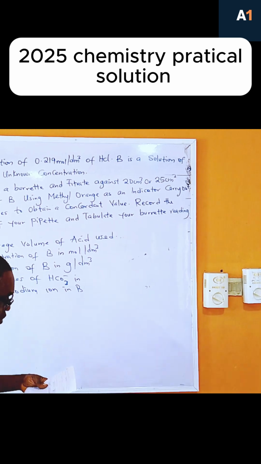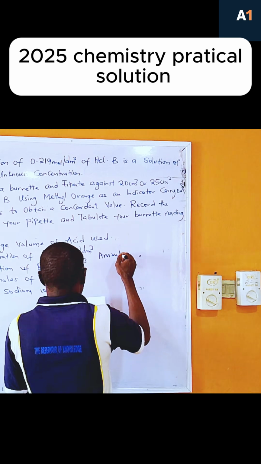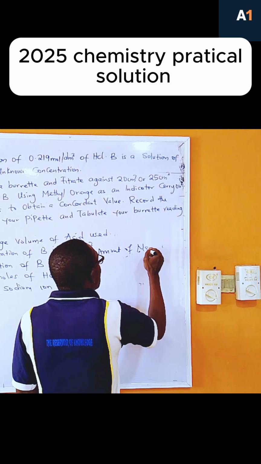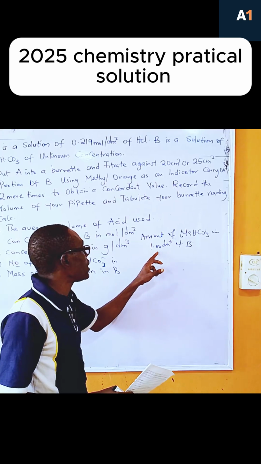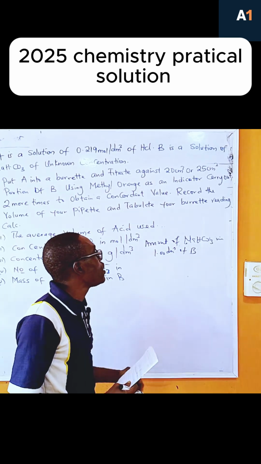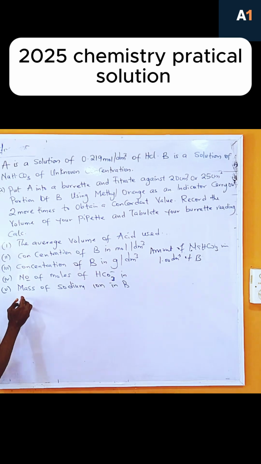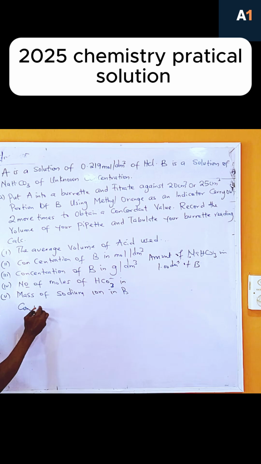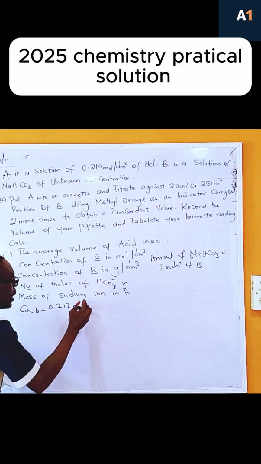Let's assume they ask you the amount of NaHCO3 in 25 centimeter cube of B. Now, if you recall, we got the concentration of B to be 0.217 mole per dm cube.